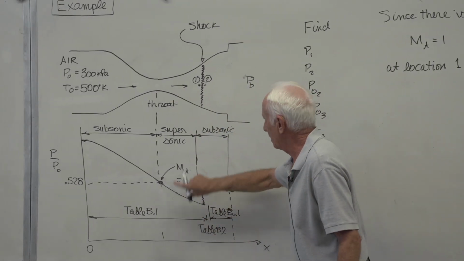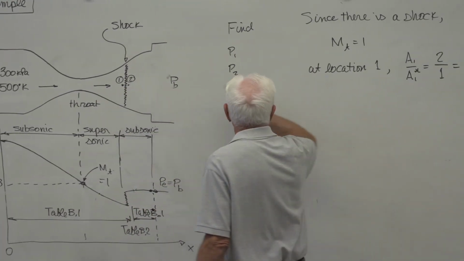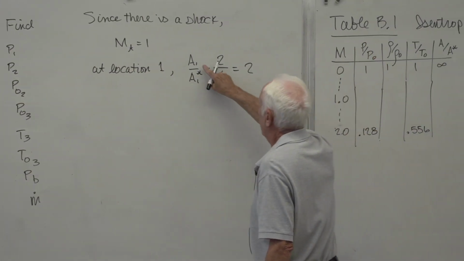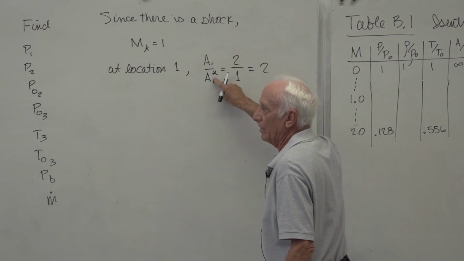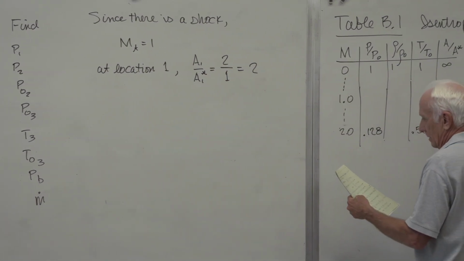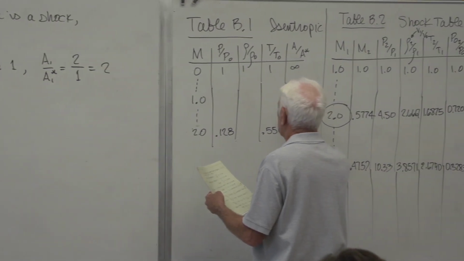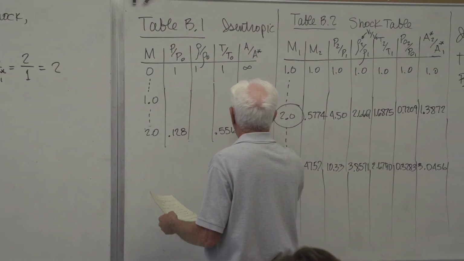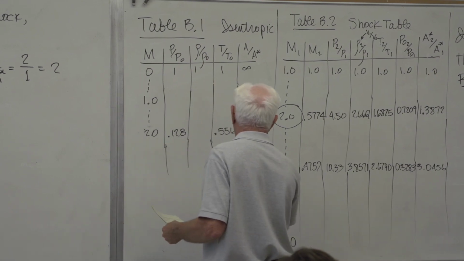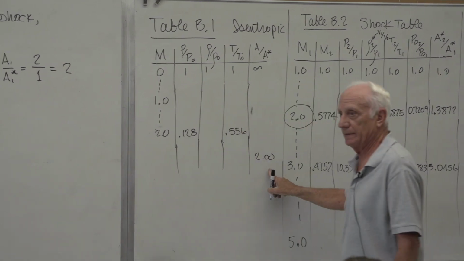Table B1. Go to table B1. Look for A over A star of 2. I'll show you where it is. There it is right there.